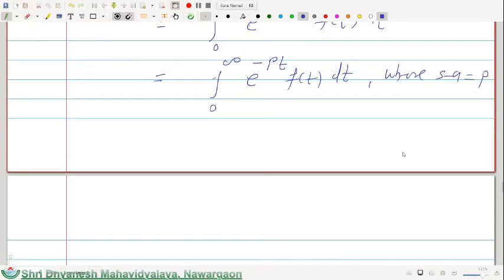Now this is nothing but the Laplace transform of the function f of t, and it will be equal to F of p, but p is equal to s minus a, so use that here.